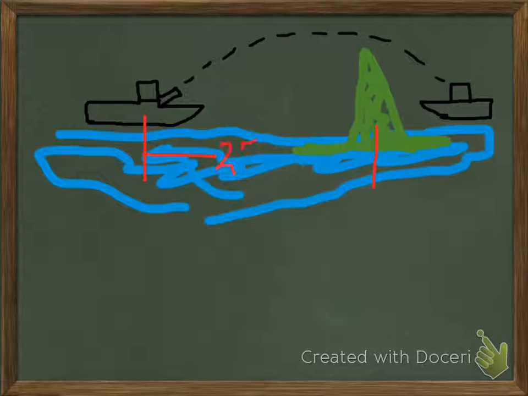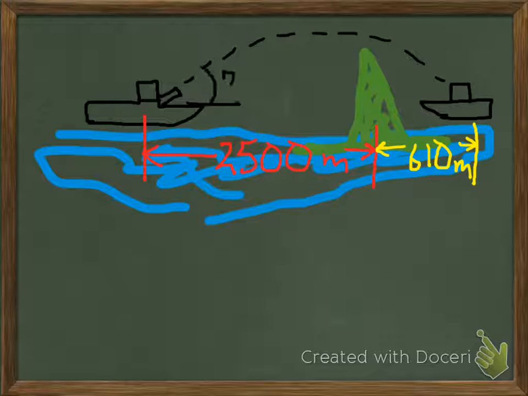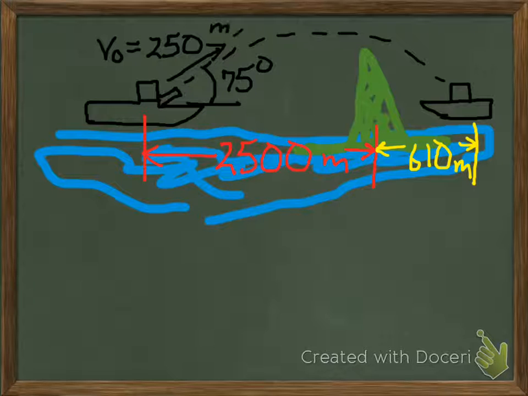We know we're 2,500 meters away from the island, and the other ship is 610 meters on the other side of the island. If we launch at a 75-degree angle at a speed of 250 meters per second, the question is, are we going to hit that ship?